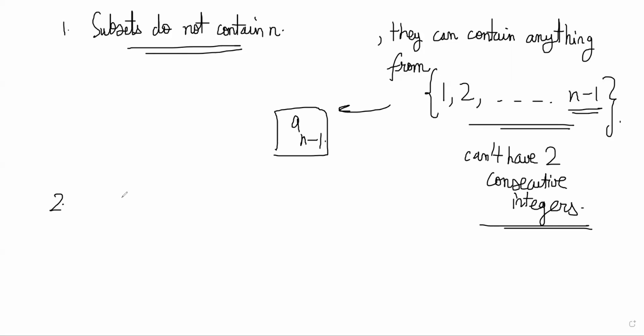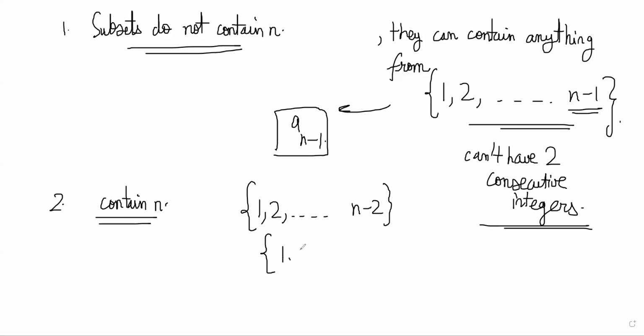And case 2 is when they contain n. If they contain n, then they can't contain n minus 1, and now you can use only 1, 2 till n minus 2. We already know the subsets have n, but n is not consecutive with n minus 2 or any of these, so you can sort of not think about n.